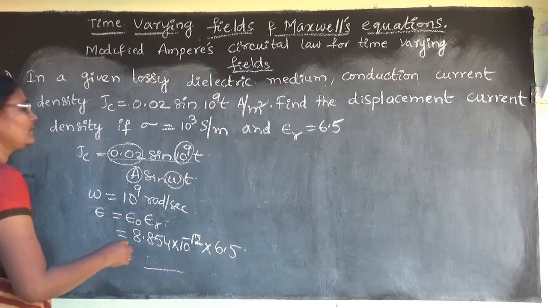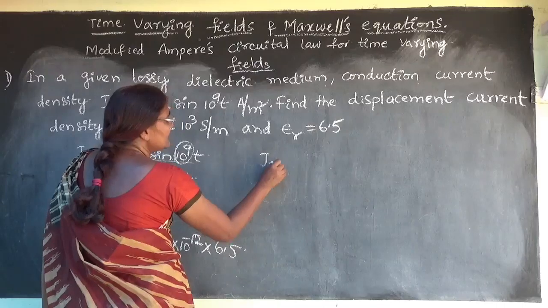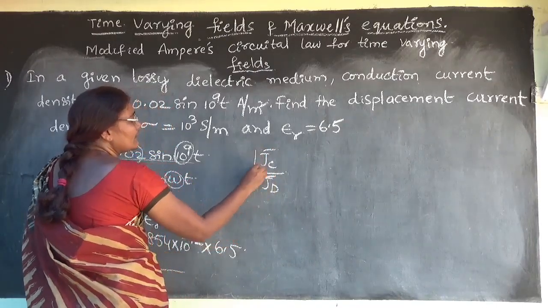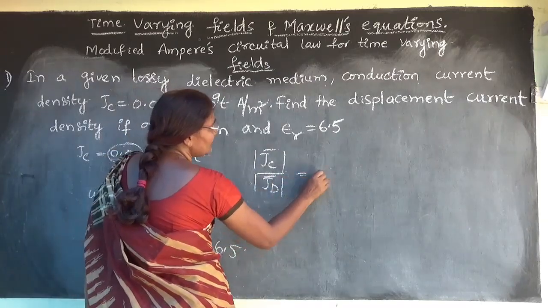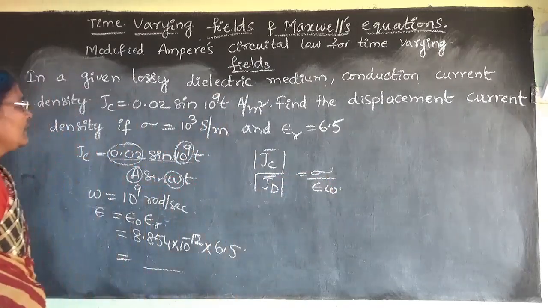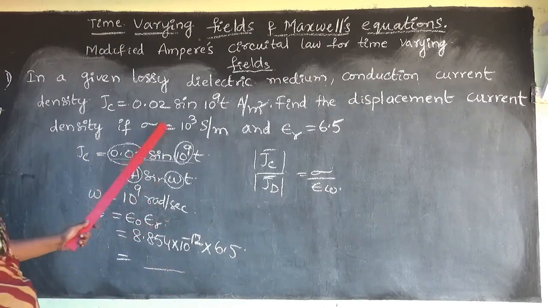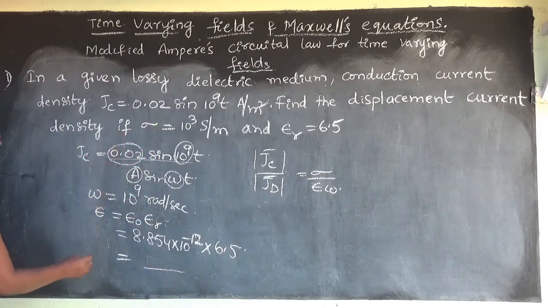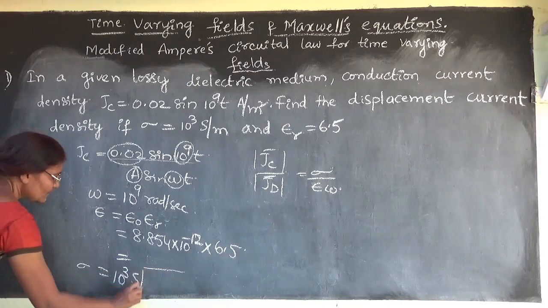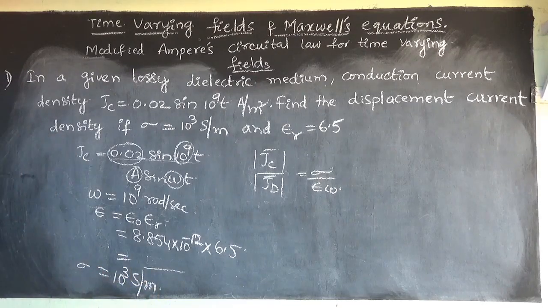So what is my formula? Jc bar by Jd bar is equal to sigma by epsilon omega. Sigma is also given, equal to 10 to the power of 3 per meter.